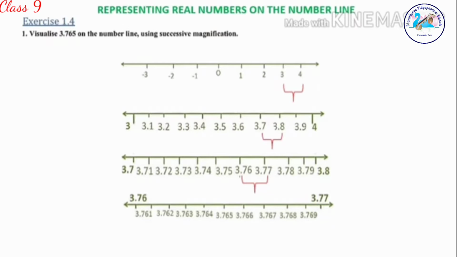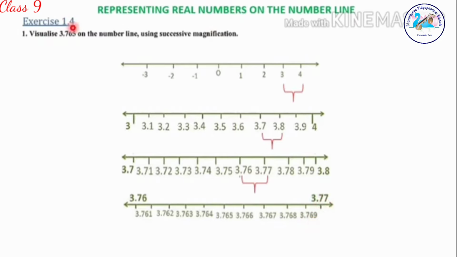The next one should be 3.761, then 3.762, 3.763, 3.764, 3.765, 3.766, 3.767, 3.768, 3.769 and finally 3.77.